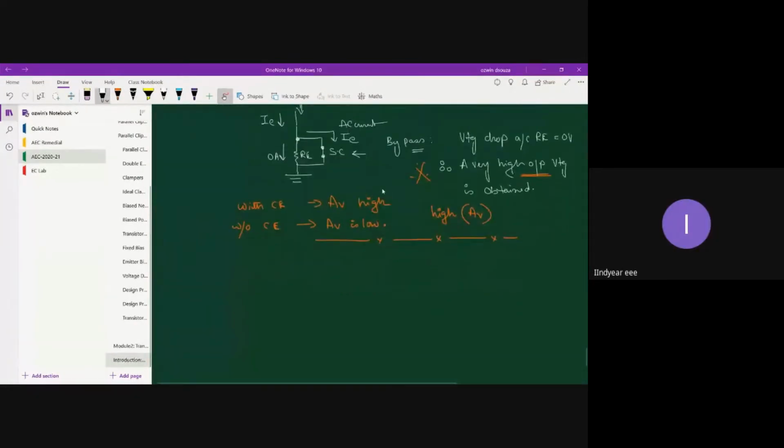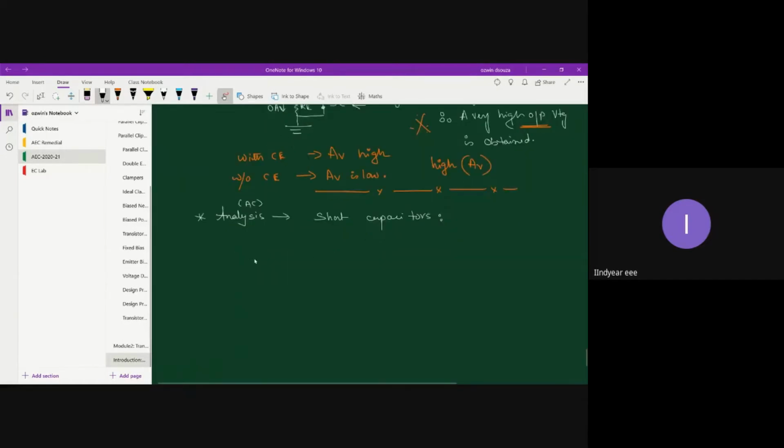Okay, so in the analysis part, you have to short circuit all the capacitors, because the analysis is purely AC type. So when we short circuit, what will happen to your voltage divider bias circuit? So this is your RE.